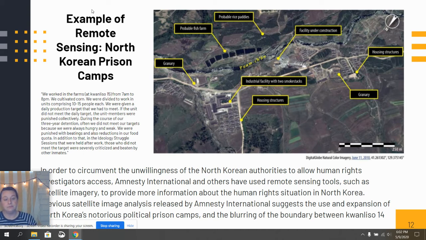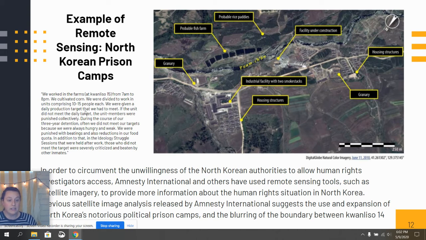And so you can see here, this is a quote from a person who either escaped or was released from one of these prison camps. He said, "We worked in the farms from 7 a.m. to 8 p.m. We cultivated corn. We were divided to work in units comprising 10 to 15 people each. We were given a daily production target that we had to meet. If the unit did not meet the daily target, the unit members were punished collectively.